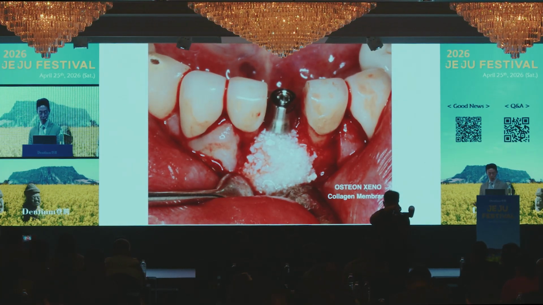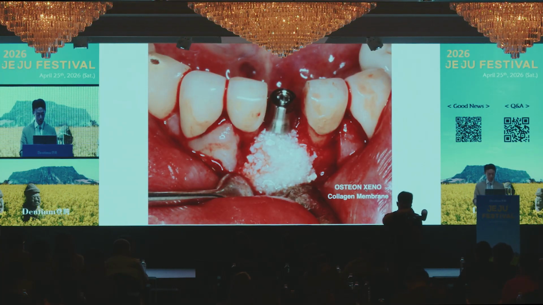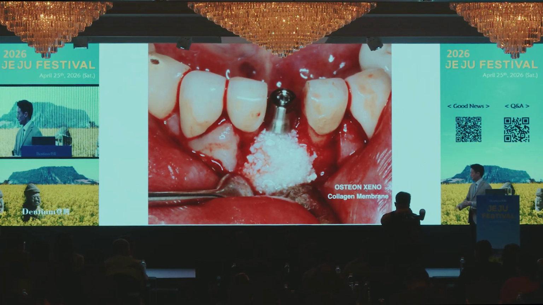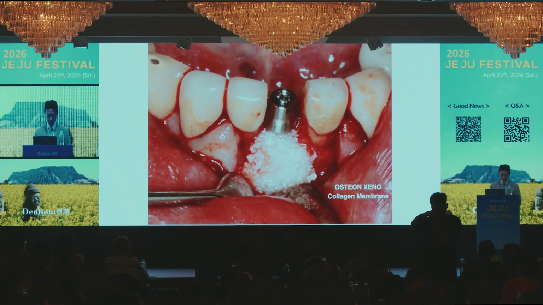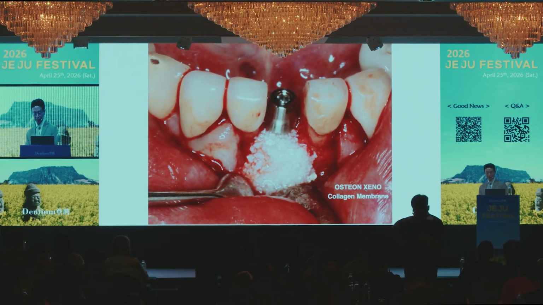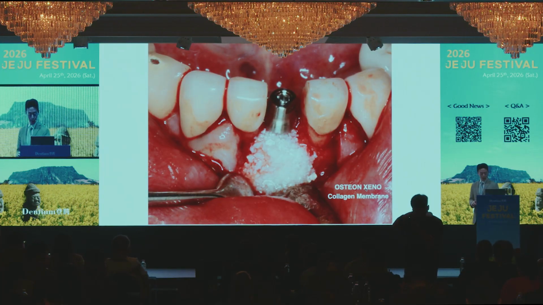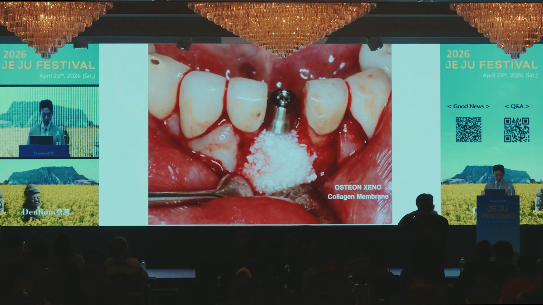The defect condition was not contained and unfavorable, so I covered the site with a collagen membrane of Dentium. And after that, I tried to use collagen graft, but there was not enough space to apply collagen grafts, so I just did the primary closure as possible.